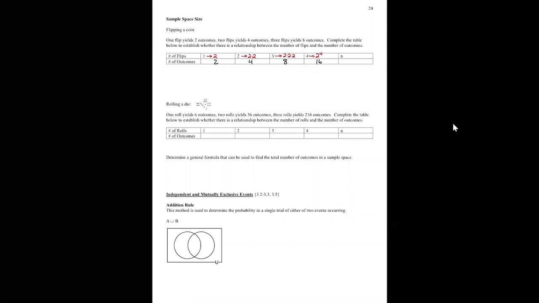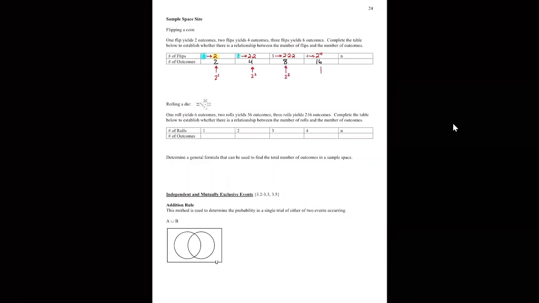All right. So what we're seeing here is a relationship where we're constantly taking the number 2 and raising it to the power associated with the number of trials. So that 2 was raised to the 2nd power to get us that second entry. So this is 2 to the 2nd. This one was 2 to the 1st. 2 to the 3rd.